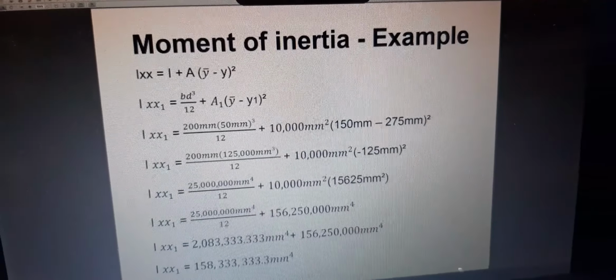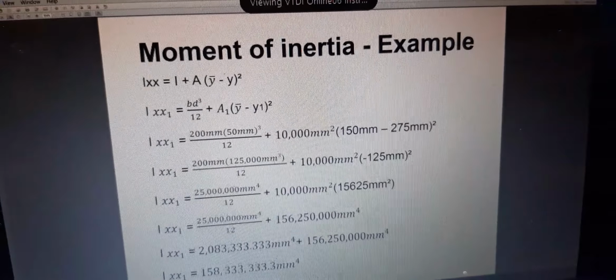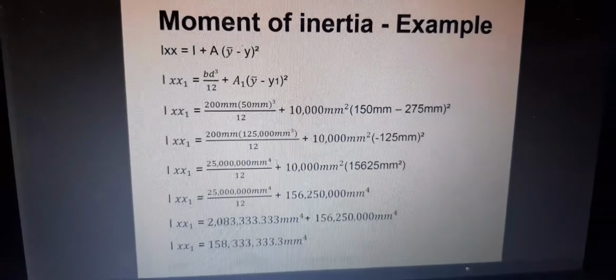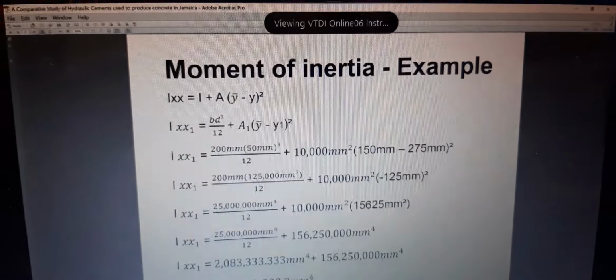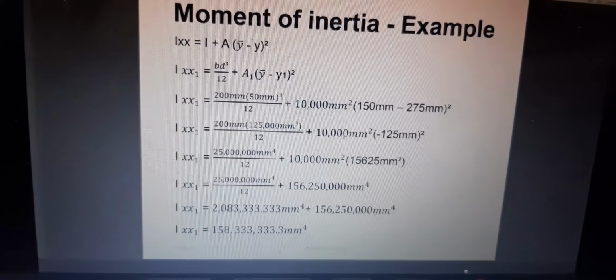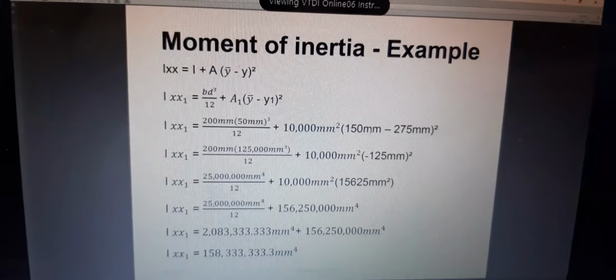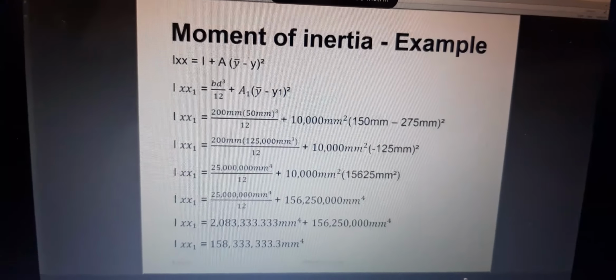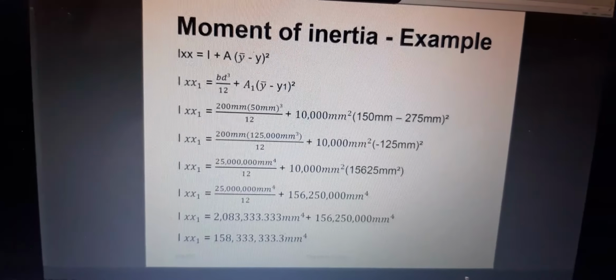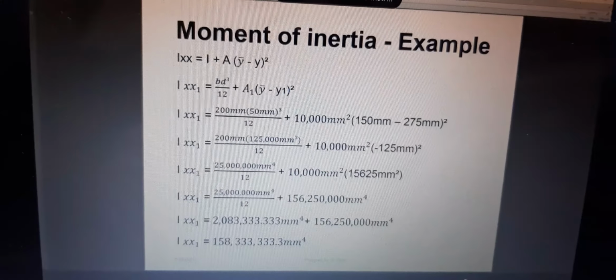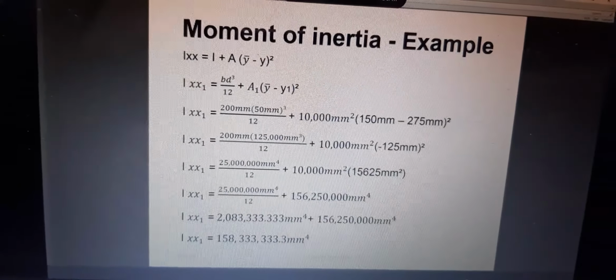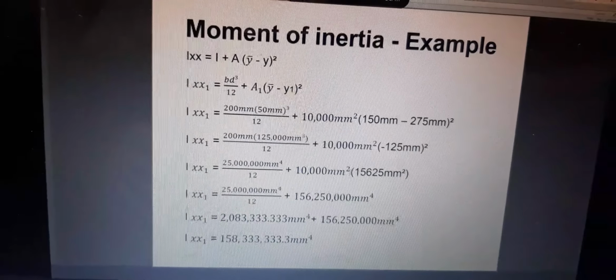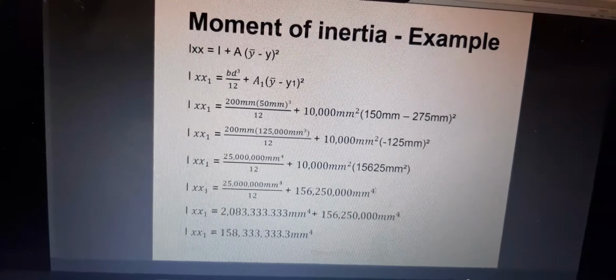Yes? Why is it important that you have the units correct? Because you cannot add if your units are not the same. If you look over here, we have the area being millimeter square. This is why it's so important for you to square this value so that you can now multiply them. When you multiply values, you add the power of the units. So 2 plus 2 will give you 4.